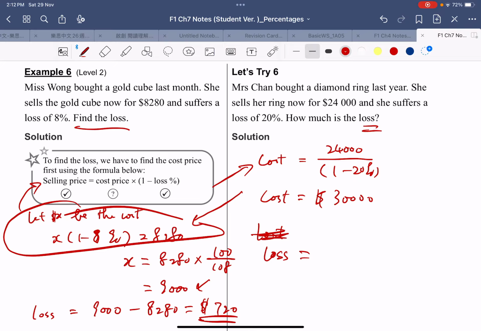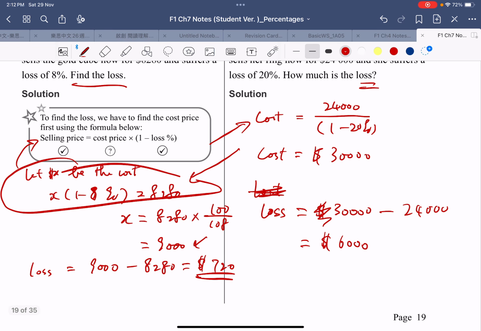Loss means you're going to lose some money. This amount minus 24000 will give you the 6,000 loss. Okay. What's next?